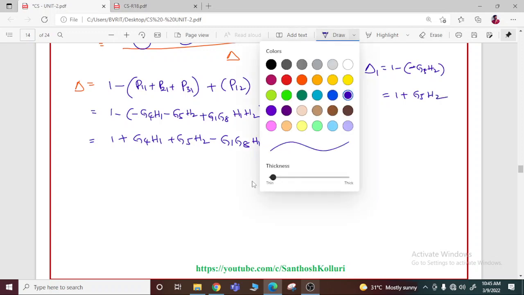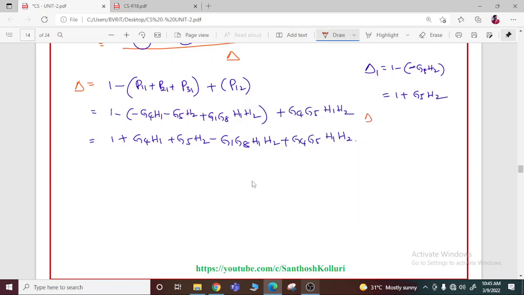Similarly delta 2 is 1 minus of minus G4H1, so it can be written as 1 plus G4H1, and delta 3, delta 4, delta 5 and delta 6 are equal to 1 minus of something 0, which is nothing but 1. So substitute all the values here, then this will be our transfer function.